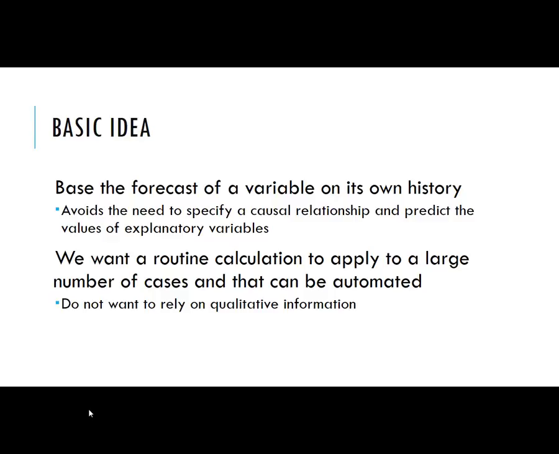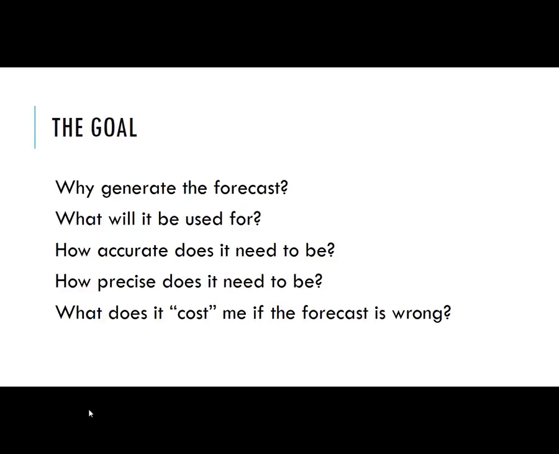If we have quantitative information, we can easily, most of the time, automate the forecast. Obviously, if we automate it, we'd want to also check it and make sure that it stays in tune, that it stays doing what we think it's going to do.